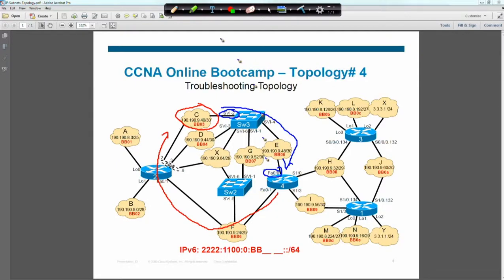To get this way, he's considering the delay on this and this sub-interface right here. Now, if we reduce those delays by a lot, it should make this path more preferable than the blue path.